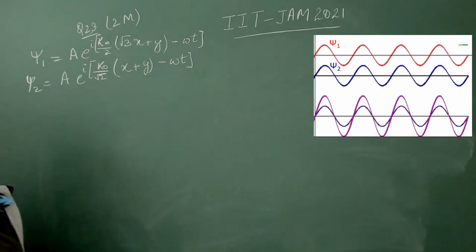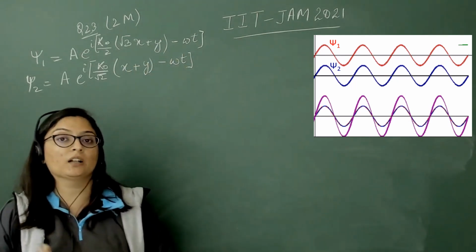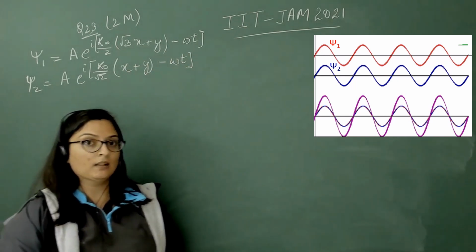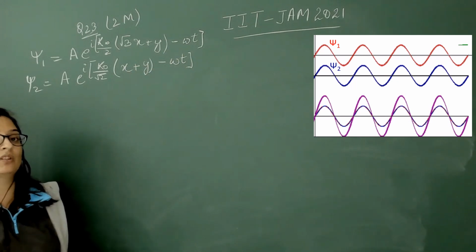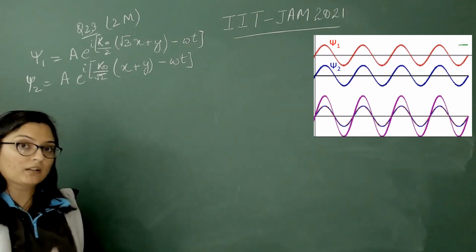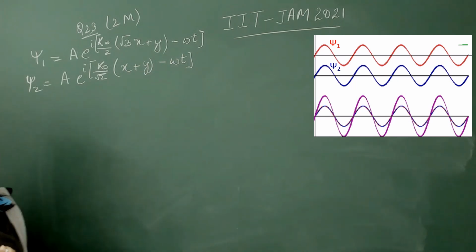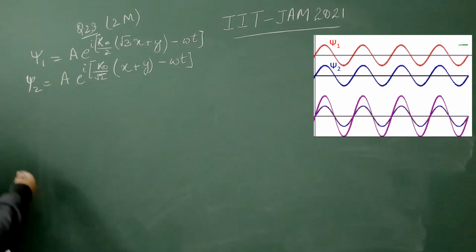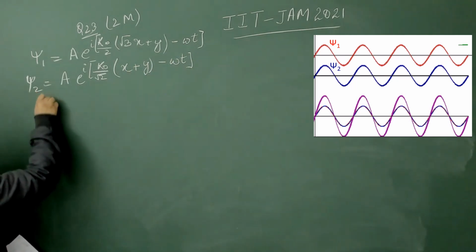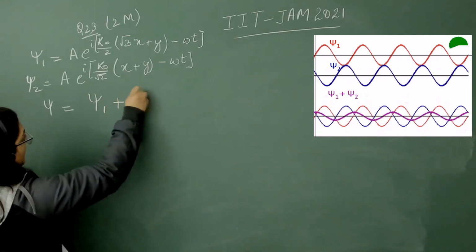Now the problem in this question was to find the condition for the constructive interference. So first of all, what is interference? Interference is nothing but the superposition of two or more waves in general, which we can write as psi equals psi 1 plus psi 2.